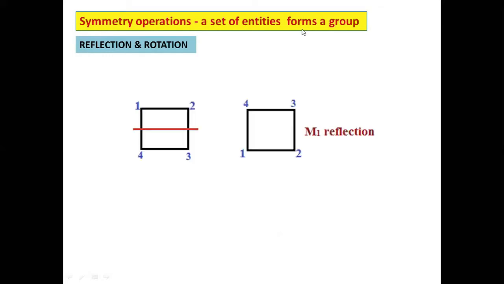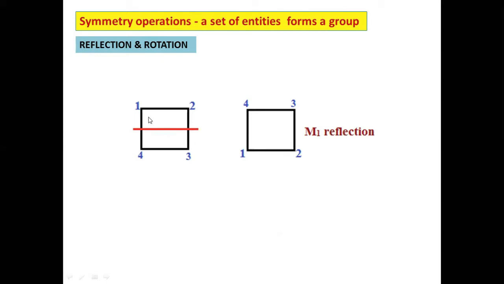Let us take the example of a square in which various symmetry operations are performed. The operations are reflections and rotations, otherwise flipping, for which symmetry elements such as a mirror plane or an axis are used.